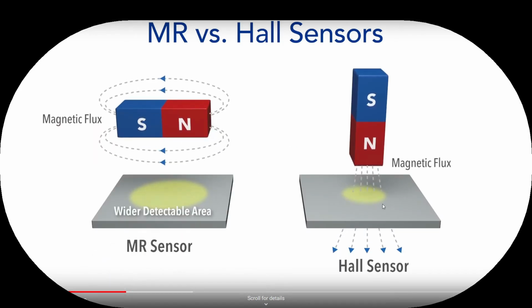With the Hall effect, the potential changes regarding the magnetic field, so magnetic flux enters and the Hall effect happens. The detectable area here is a little bit small compared to the MR sensor, or magnetoresistance element sensor.